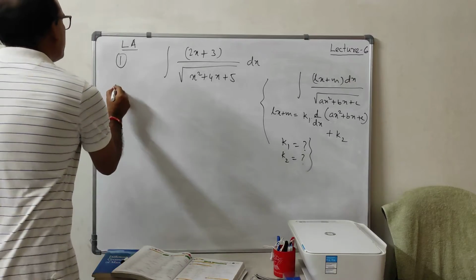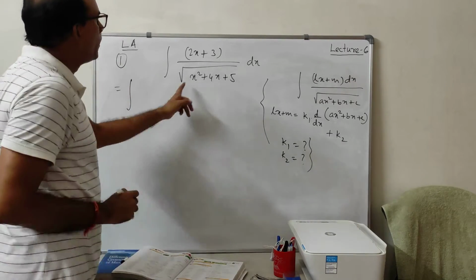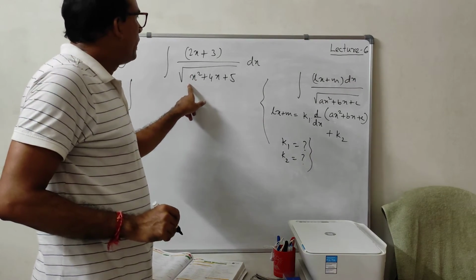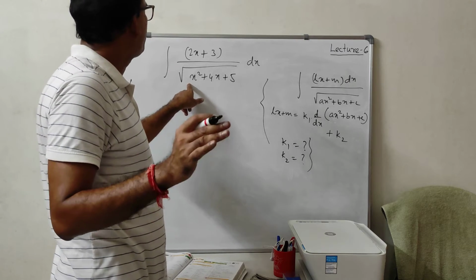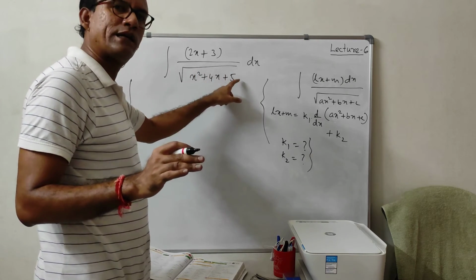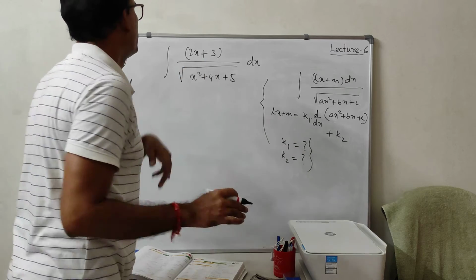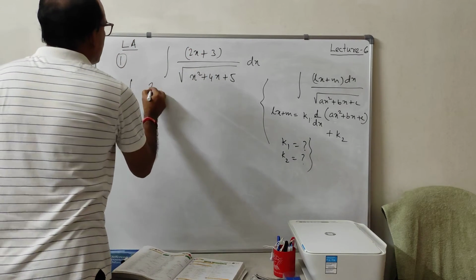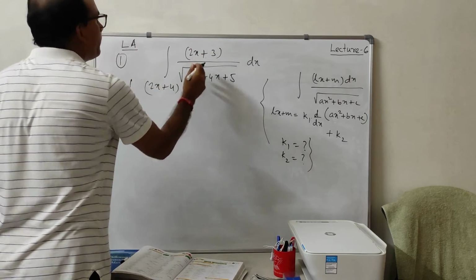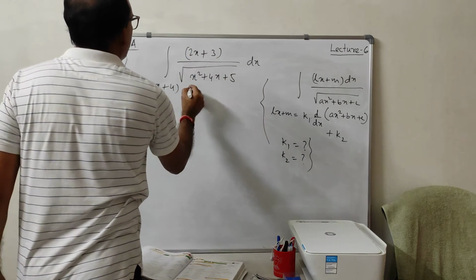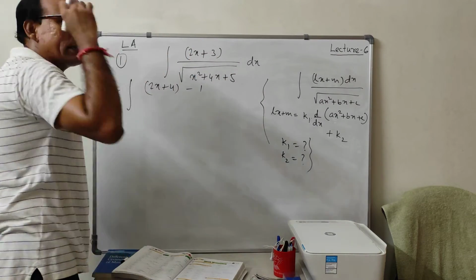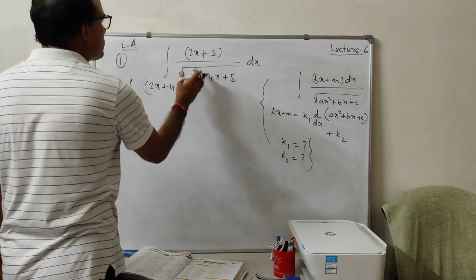See, what will be the expression? If you differentiate this quadratic expression, you will get 2x plus 4. First write 2x plus 4. Because plus 3 is there, you have to adjust the constant. See, 4 minus 1 is plus 3.